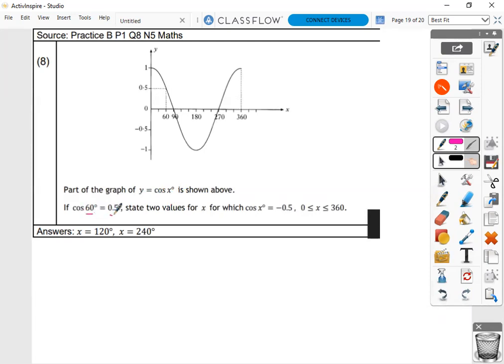If cos 60 equals 0.5, state the two values for cos x which equal negative 0.5. So you know you're working in the negative range for cos. So you're working in quadrant 2 and quadrant 3, between 90 and 180.